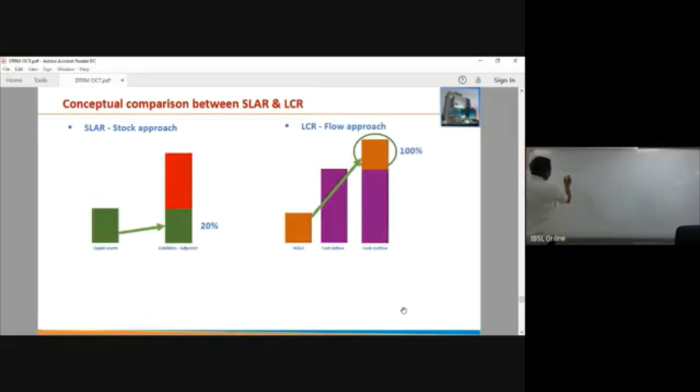So these high quality liquid assets are divided into 3: level 1 assets, level 2A, level 2B. Right. So the liquid assets are categorized into 3 categories.